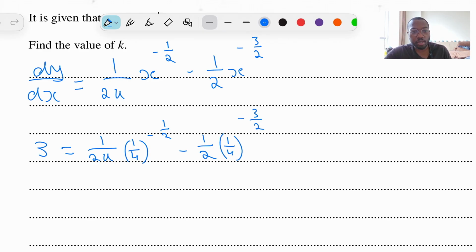Okay, and now we need to work this out. So we get 3 is equal to 1 over 2k. So 1 over 4, if we do the negative power first, that will flip it, it'll be the reciprocal.